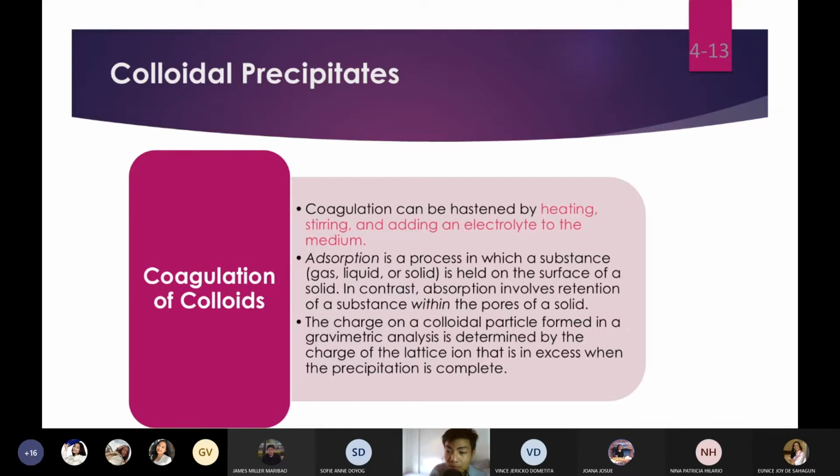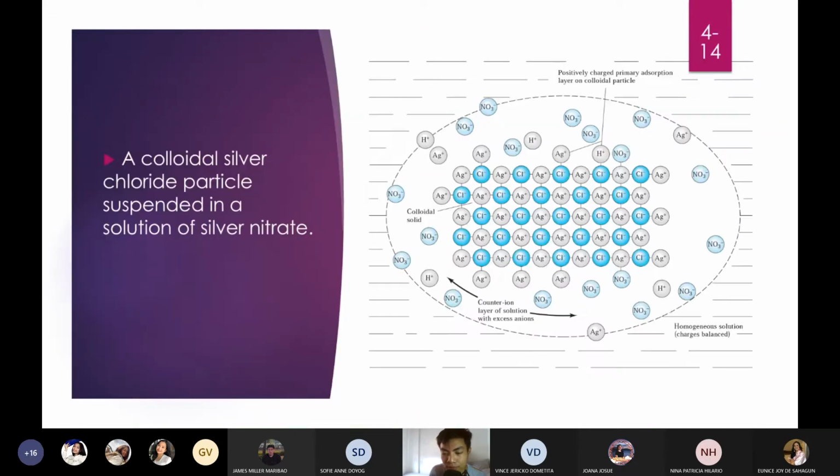To separate the milk particles from whatever is in the solution. Okay? So, yun yung one way na para makuha mo yung mga ions mo doon. Okay? So, coagulation tawag doon. That can be done by heating or adding ions, no? Such as acids, no? So, ganun.